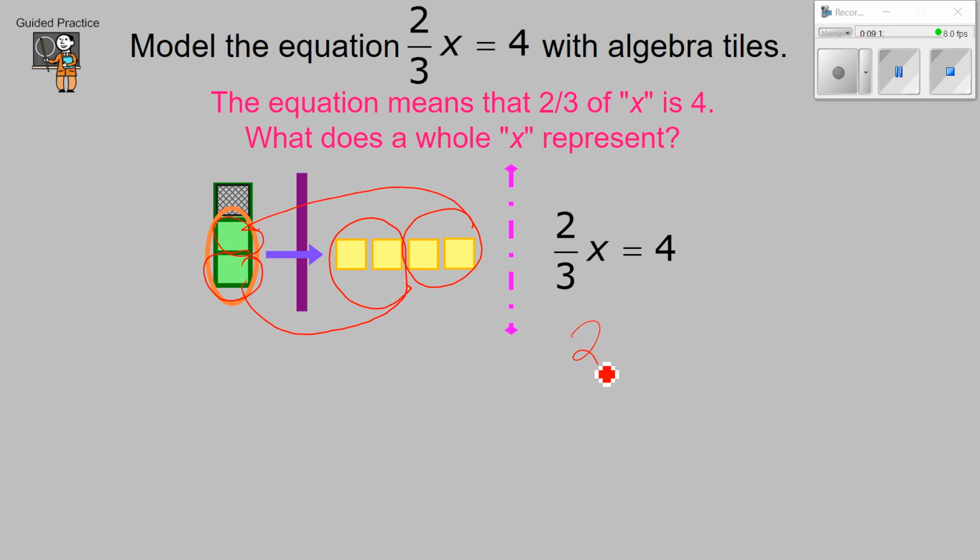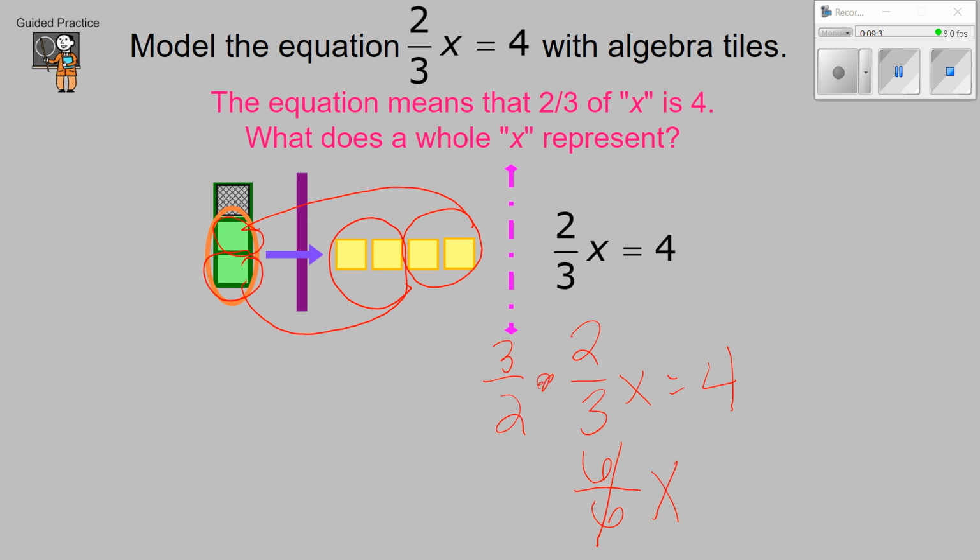If I were to look at this mathematically, 2/3 of x equals 4, and I multiply by the reciprocal, okay? So the reciprocal of 2/3 is 3 over 2, right? What's 3 times 2? That's 6. What's 2 times 3? That's 6. Guys, what is 6 over 6? That's 1, so those go away.